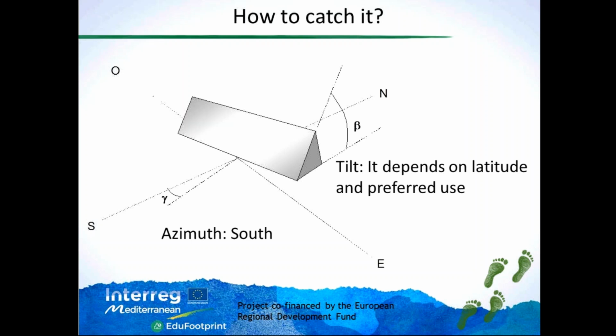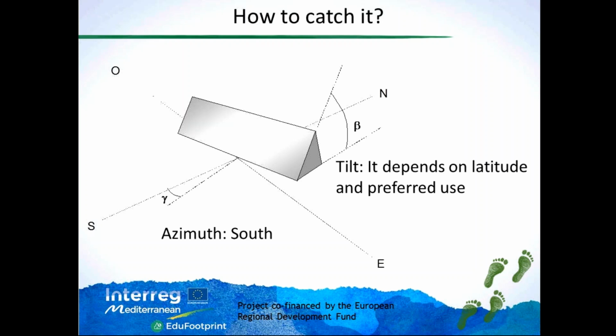Regarding the tilt, which is the tilt with respect to the horizontal line, this is a bit more complicated because, of course, it depends on the latitude. So the more you go towards the equatorial zone, the flatter the collector should be, so the tilt angle should be low. But it also depends on the use you make of the solar energy you produce.